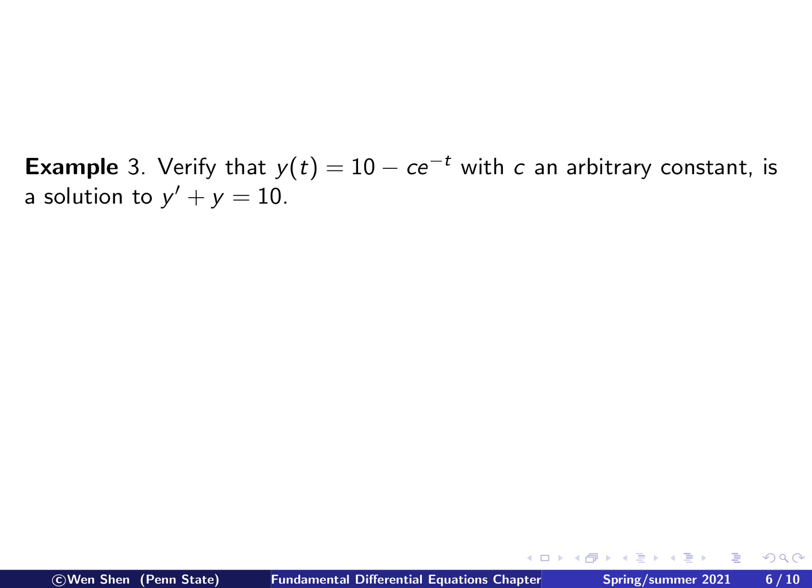So here we want to verify that y(t) equals 10 minus c times e to the power negative t, with the c here an arbitrary constant, is a solution to this differential equation, and we don't have any initial value given here.